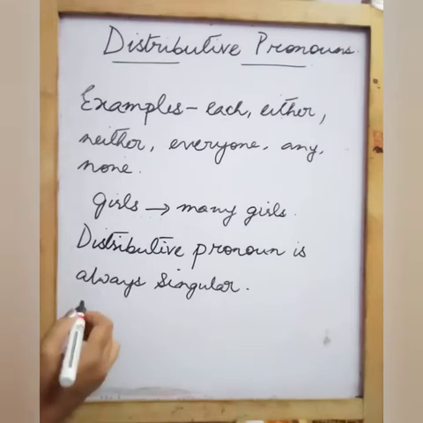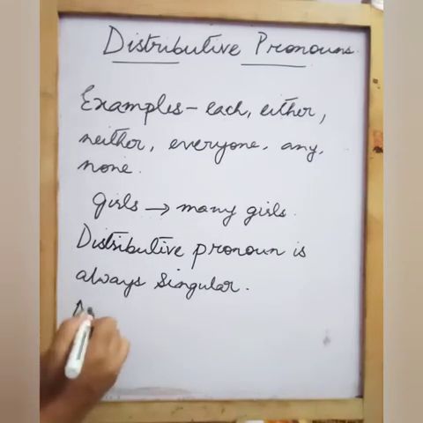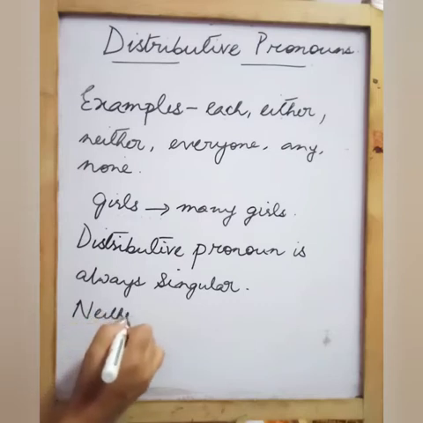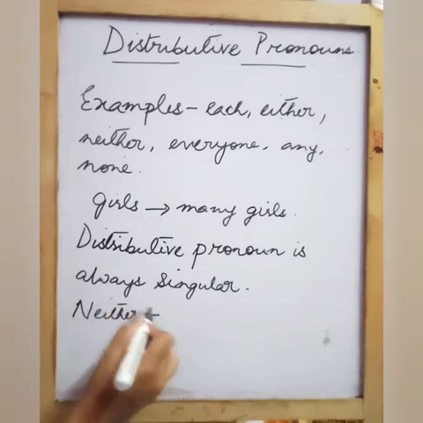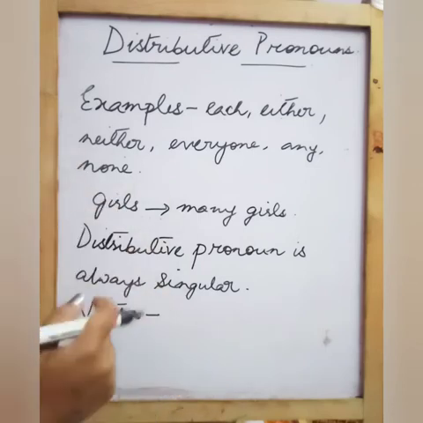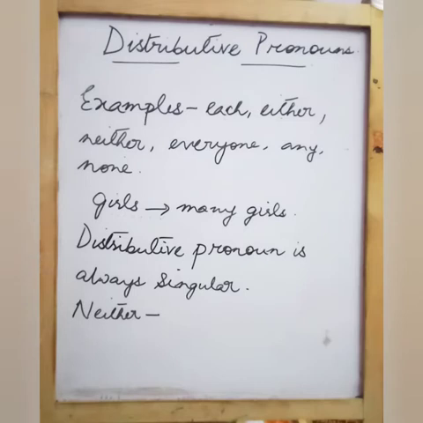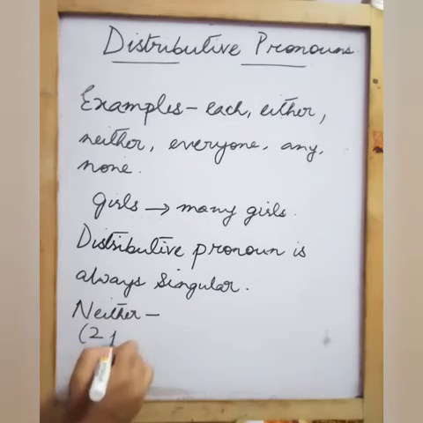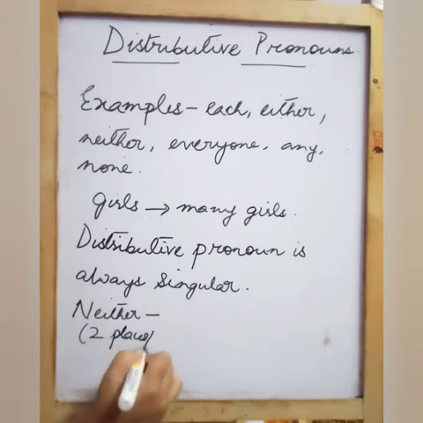Fine. Now see, what does neither mean? What is the meaning of neither? Neither means what? Not this one, not that other one. When we use the word neither, always remember it is always used for two things, two persons, or two places. Always two.